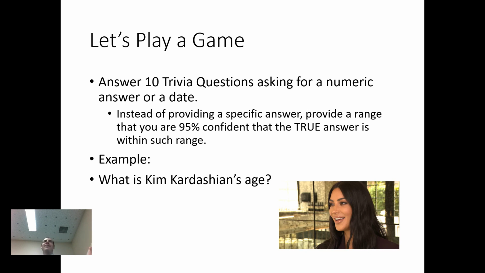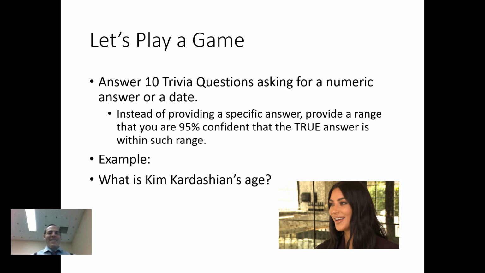30 to 35. Okay, what do you say? 35 to 40. Anybody else? Give me a range. One more person. 30 to 40. Okay, one more range. Give me another range. 35 to 40?